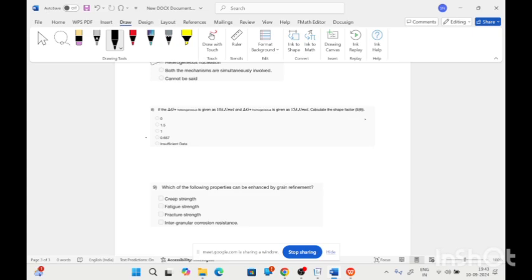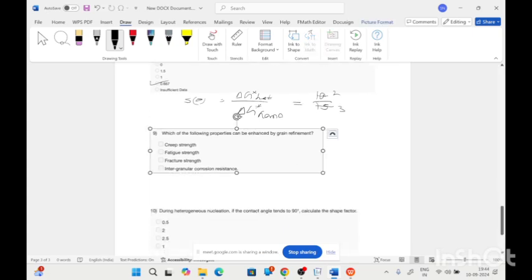Calculate the shape factor. The shape factor can be written as the ratio of delta G heterogeneous and delta G homogeneous. So 10 by 15, and the correct option will be 0.667.